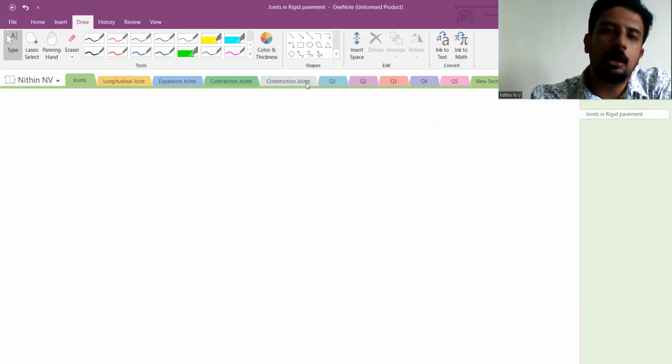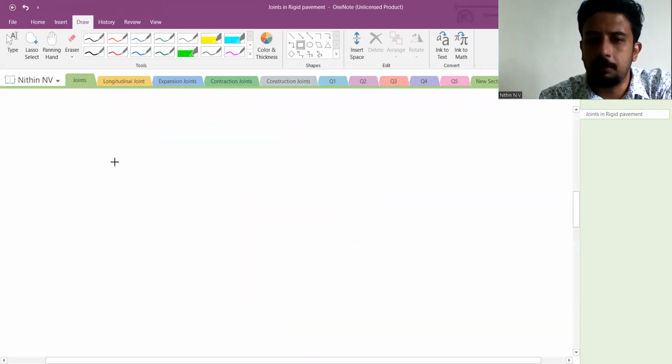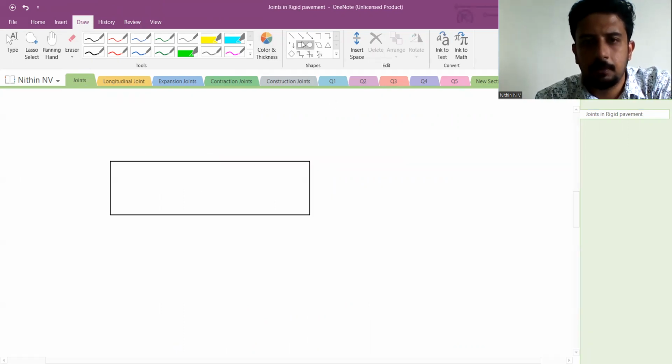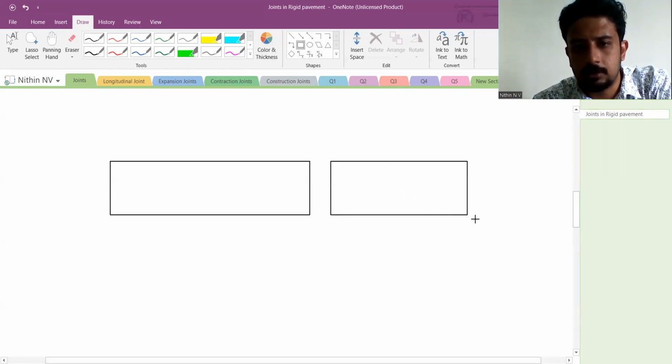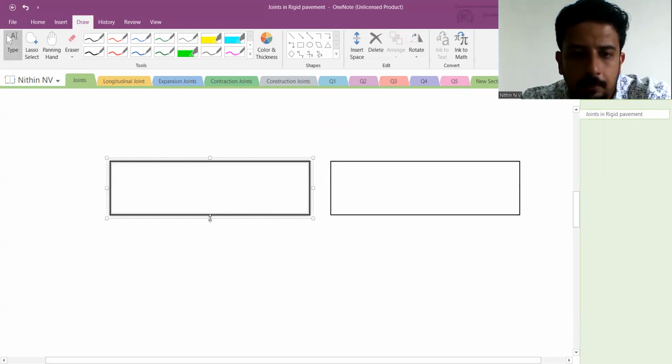One thing: at one side the dowel bar will be bonded, and at the other side it will be free. Suppose this is one slab, and this is the other slab. This is actually the thickness only, not the top view.